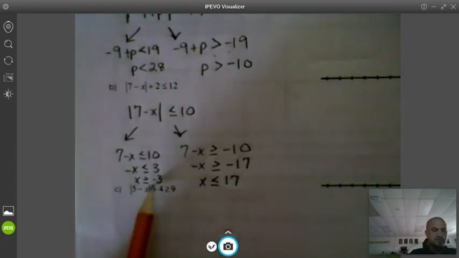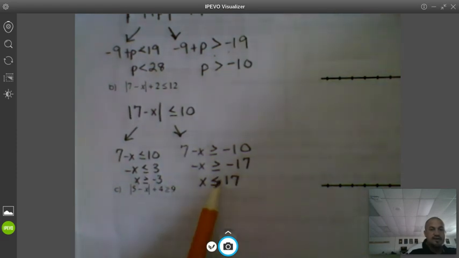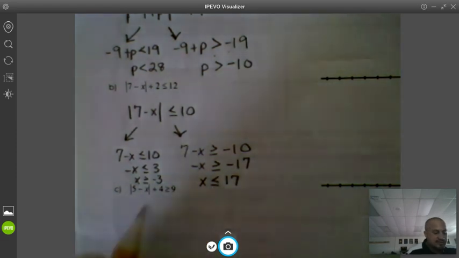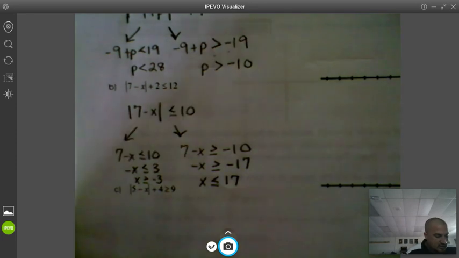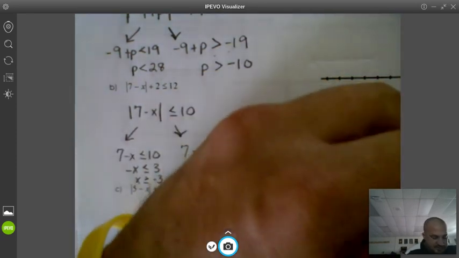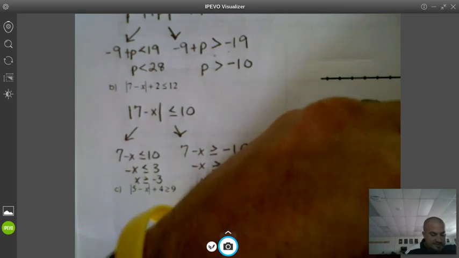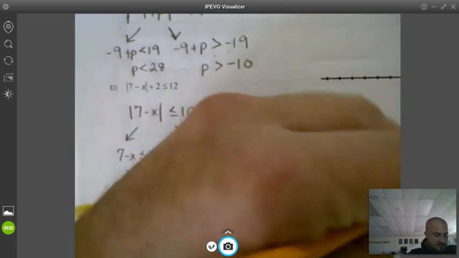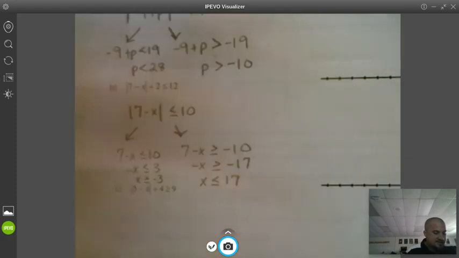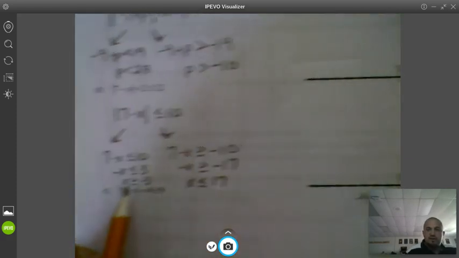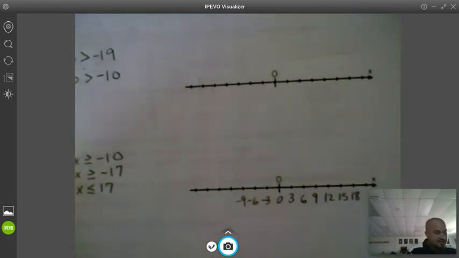All right, so x is greater than or equal to negative 3, and x is less than or equal to 17. So let's go up by 3 at a time. 3, 6, 9, 12, 15, 18, and let's go negative 3, negative 6, negative 9, and so on. So x is greater than or equal to negative 3.